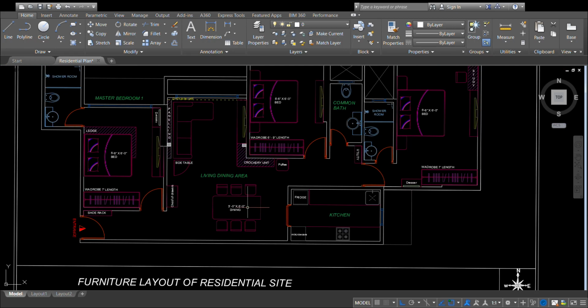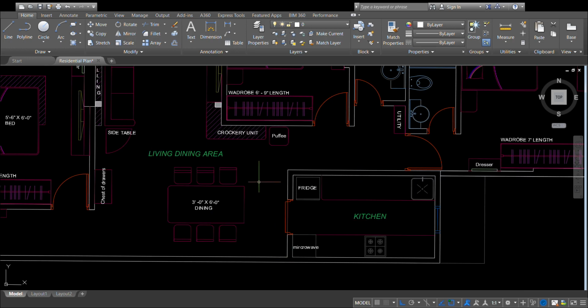But for bigger layouts or even here, it cannot be so far off that it becomes difficult for the person serving to move a long way and go to the dining place. So it's always better to keep the dining near the kitchen, so it's perfect for serving.